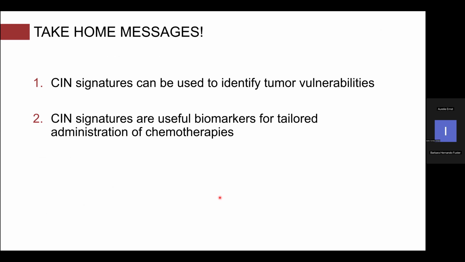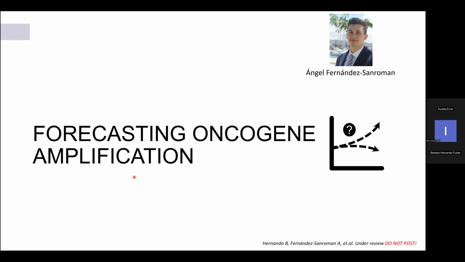So just to sum up this second part of my talk, I showed you that these signatures can be used to predict treatment response. Specifically, I showed you that those signatures can be used as biomarkers for tailored administration of chemotherapy. So I already told you that we have this compendium of signatures that can be used to understand the biology behind those complex tumors.